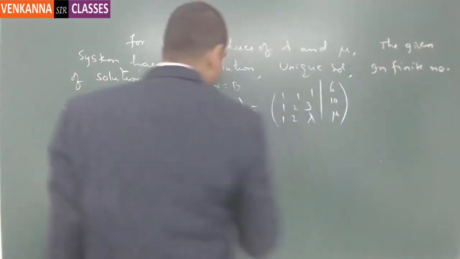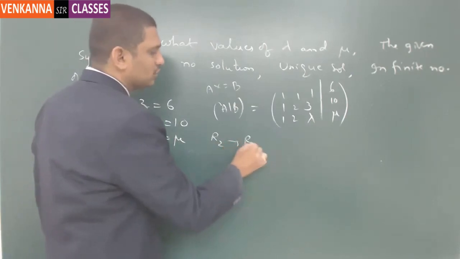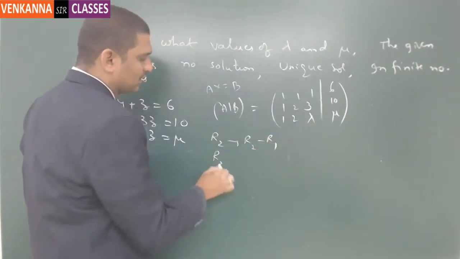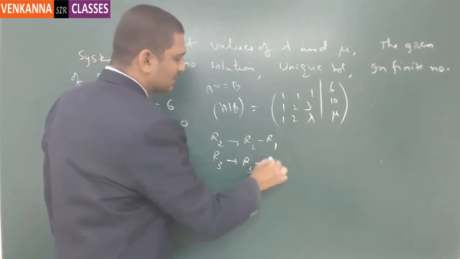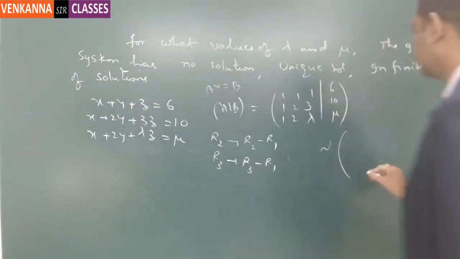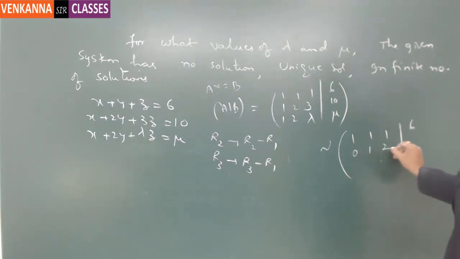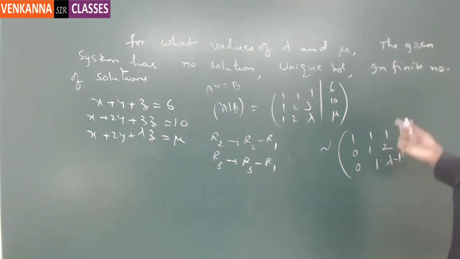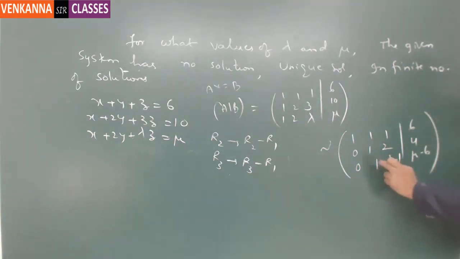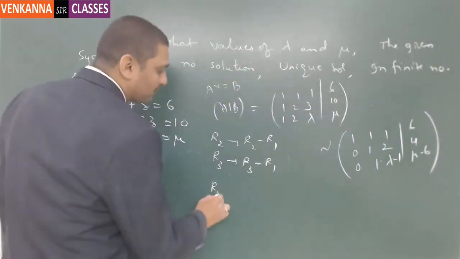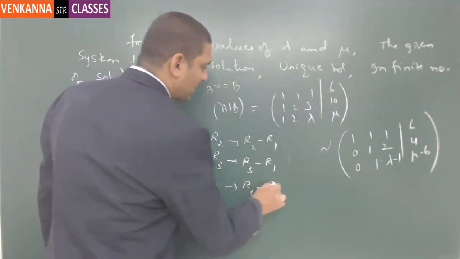So R2 tends to R2 minus R1, R3 tends to R3 minus R1. So equal to [1 1 1 | 6; 0 1 2 | 4; 0 1 lambda minus 1 | mu minus 6]. To reduce that into echelon form, again, the value below the second diagonal element must be 0. So we should apply the operation R3 tends to R3 minus R2.